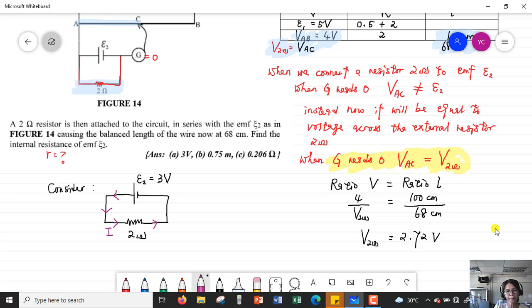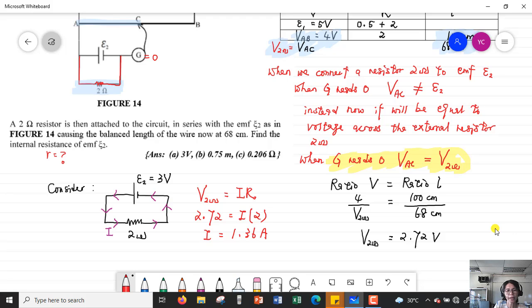So we use Ohm's law: the terminal voltage across the 2 ohm is IR. We determine the current flowing out from the battery through the 2 ohm resistor. The voltage is 2.72 and the resistance is 2, so the current is around 1.36 ampere.